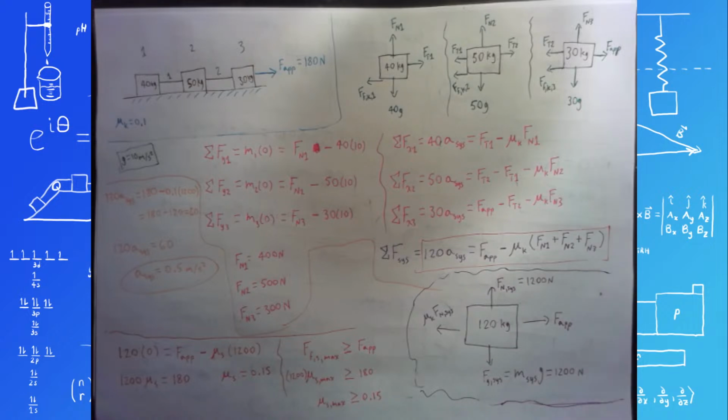When they ask you what's the maximum or minimum value of whatever associated with things like friction, if you just use an equal sign, you're going to get the exact number that they want, and you don't have to worry about confirming that it is indeed the maximum or the minimum or whatever they specified. In most cases, it'll just work out without you even having to worry about lower values if it's a maximum or higher values if it's a minimum.